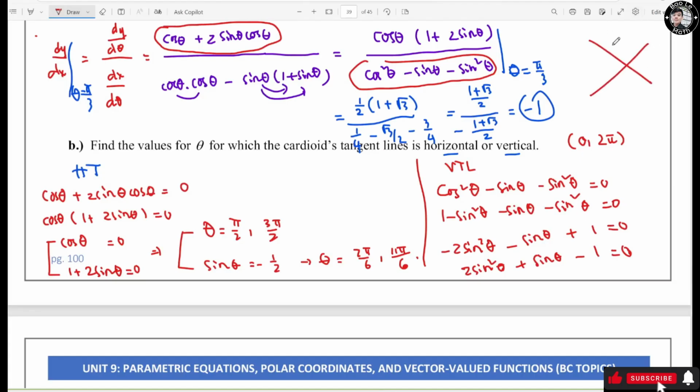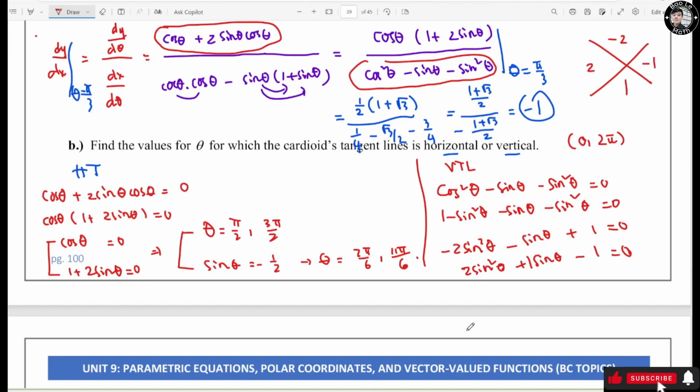Alright, so you need to find two integers that multiply to a times c, a equals 2, c equals negative 1, so it could be negative 2, and add up to b, b equals 1 right here. So it could be 2 and negative 1.